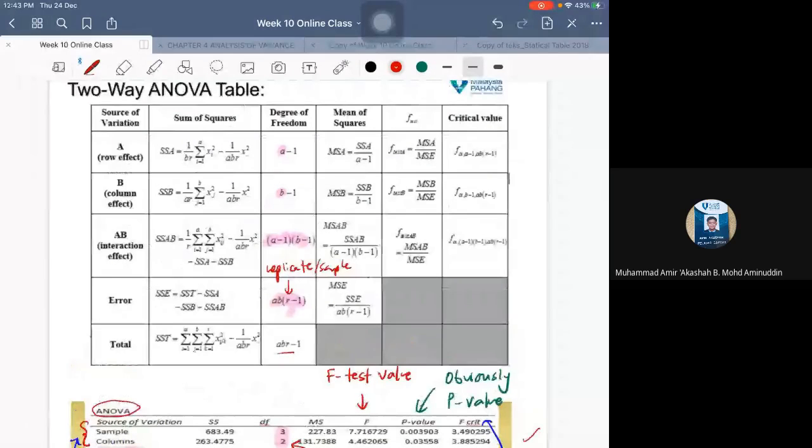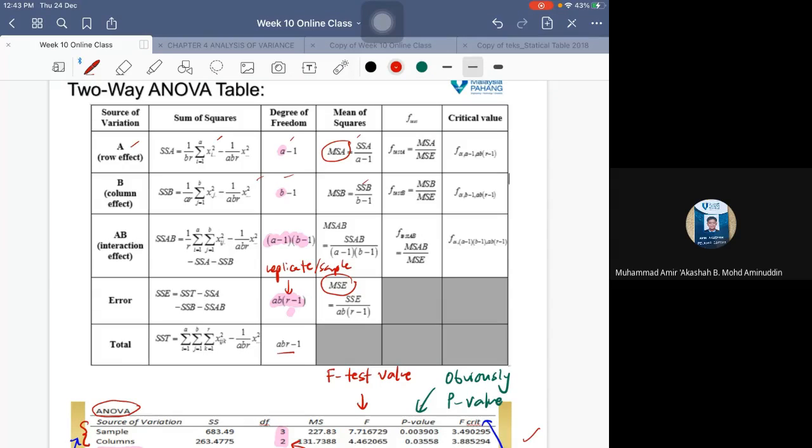You take this value, divide by degree of freedom, and you will get the mean square for each of the rows right here. The formula is going to be the same. But for the case of the F-test, remember we're going to have 3 hypothesis tests. So when you want to know the test statistic for the row effect, you take this mean square and divide by the error, which is right at the bottom.